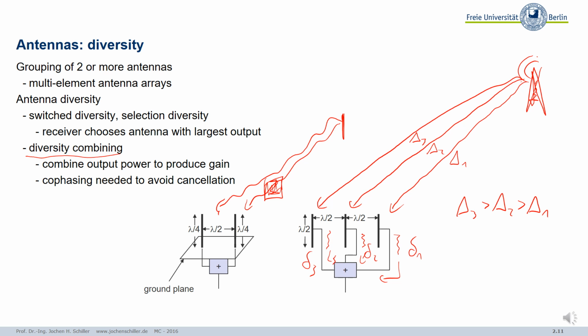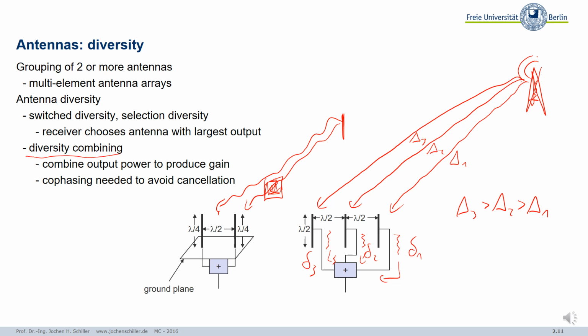Because otherwise, they cancel out each other. That's a problem. And that's exactly, for example, what your mobile phone does. Your mobile phone with several antennas receives signals all the time with different phase shift and has to recombine them in a constructive way. That means delaying a little bit more, a little bit less, etc. How we do this, I will explain later on why and how.